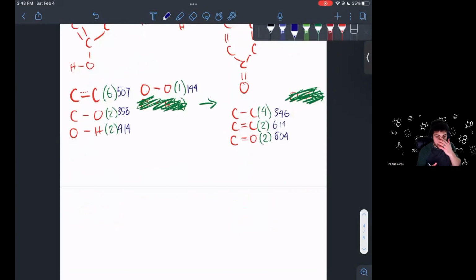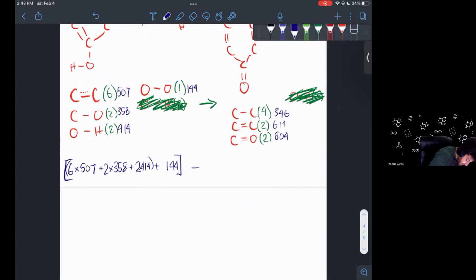All right, with these numbers in place, I'm going to set up this problem the way it should be properly set up now that we have multiples of each individual bond. So I'm going to go ahead and set up some brackets. I'm going to do 6 times 507 plus 2 times 358 plus 2 times 414. I'm going to add all that to 144.